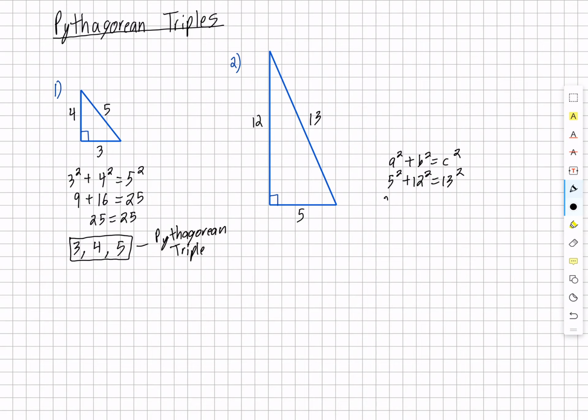And then 5 squared is 25. 12 squared is 144. That needs to equal 13 squared, which is 169. And then 25 plus 144 gives us 169, and those are the same thing. So this works as well. And so this would be another example of a Pythagorean triple.